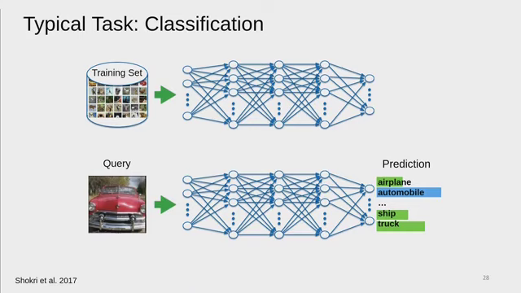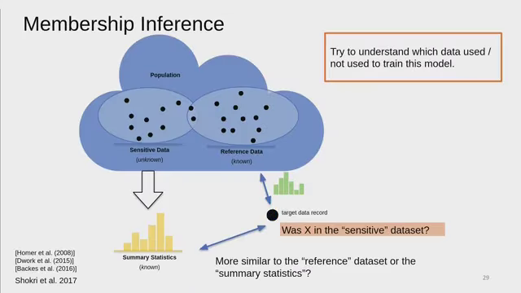The prediction says this could be a plane, a ship, a truck, or an automobile. The highest prediction would be for automobile, and in this example, this would be true. So far, so good. The prediction here would be correct. Now, depending on whether you can query different kinds of cars, this could already leak certain information about the input training set that has been used and whatnot.